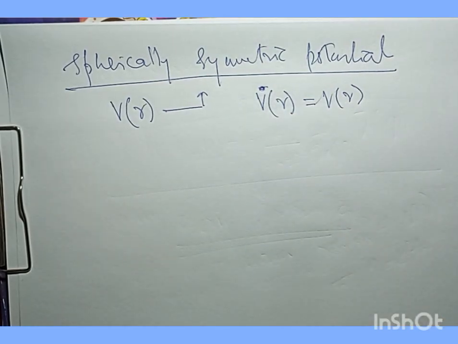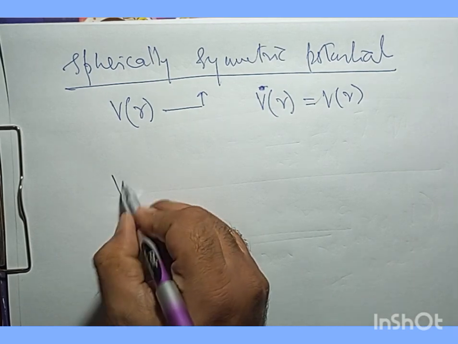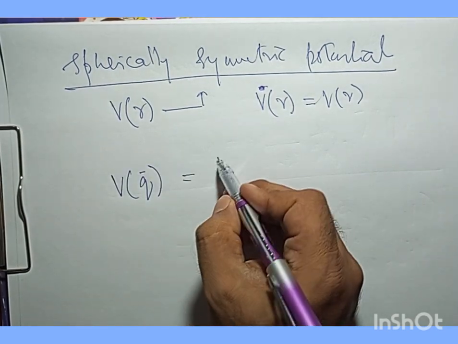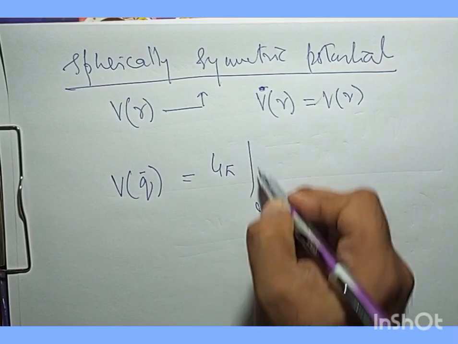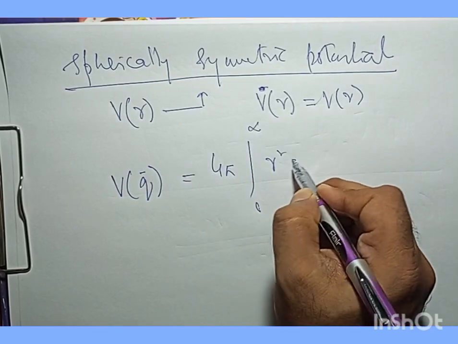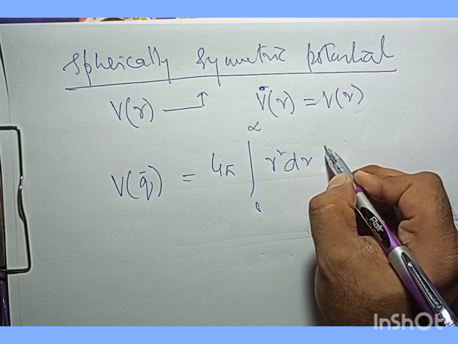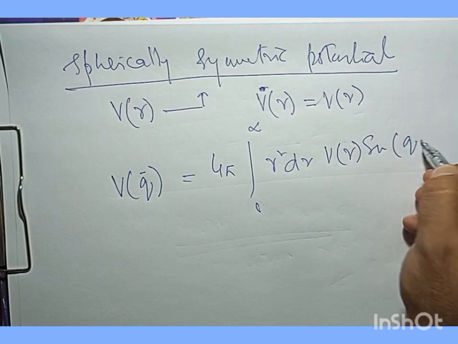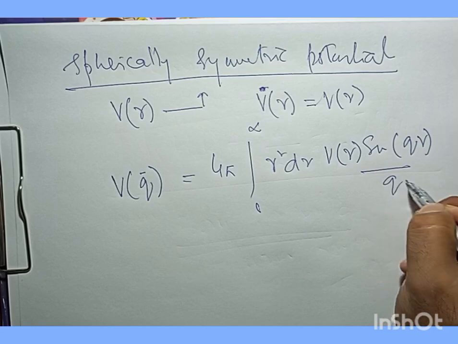In this case, the Fourier transform of the potential V bar of q becomes simply 4π times the integral from 0 to infinity of r² dr V of r sin(qr) by qr.